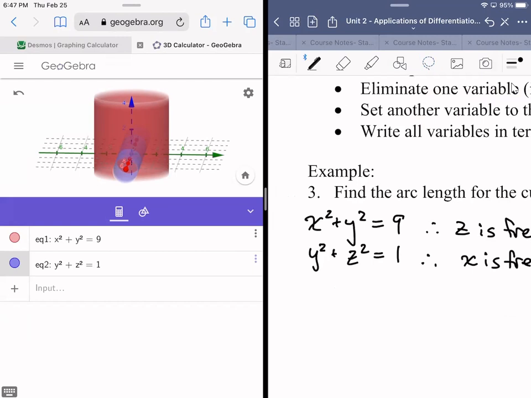But what I can do is swap out. We have a common y squared. I can swap out one of the y squareds.